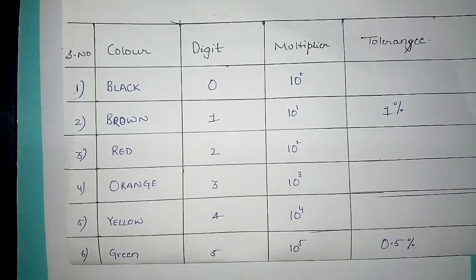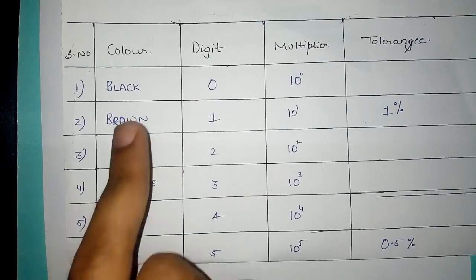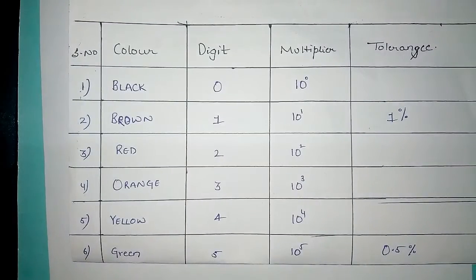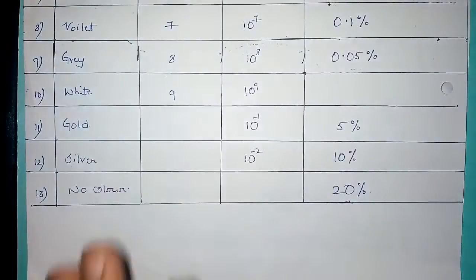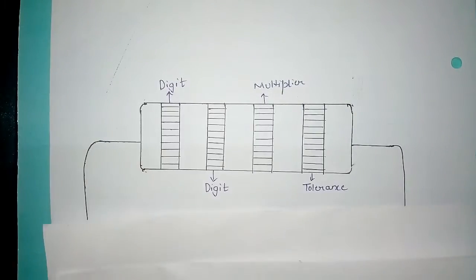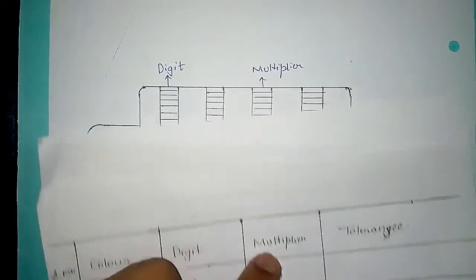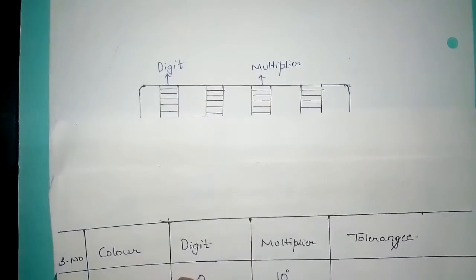They have to remember this table. Black indicates 0, brown indicates 1, red indicates 2. Like this, we have different values for different colors. And as I have said before, digit, digit, multiplier, tolerance.